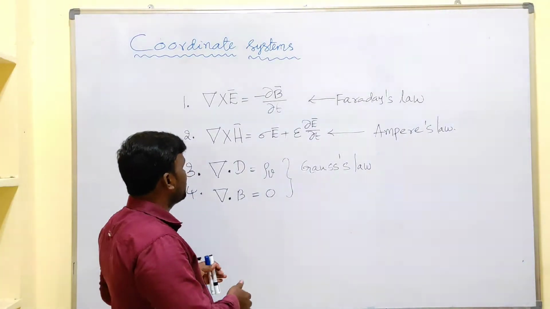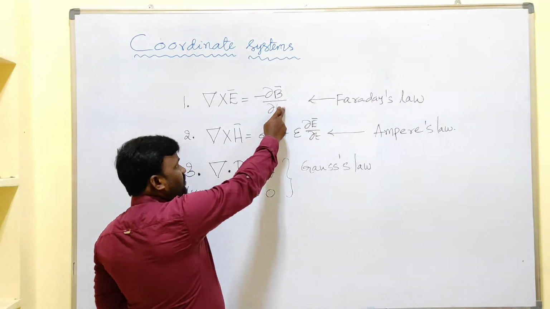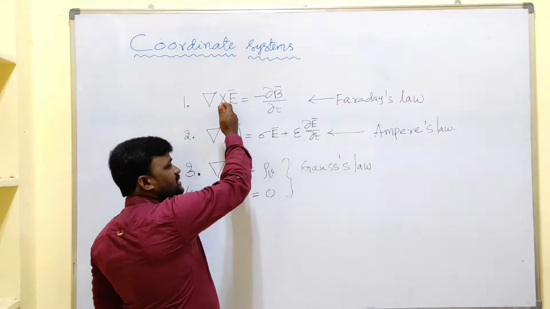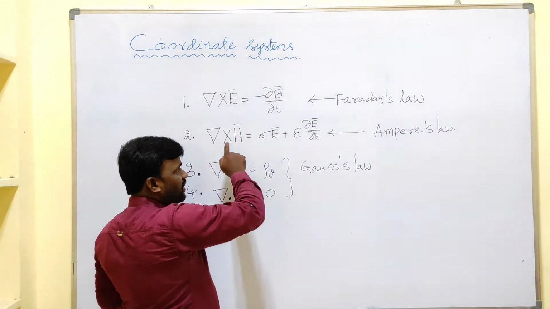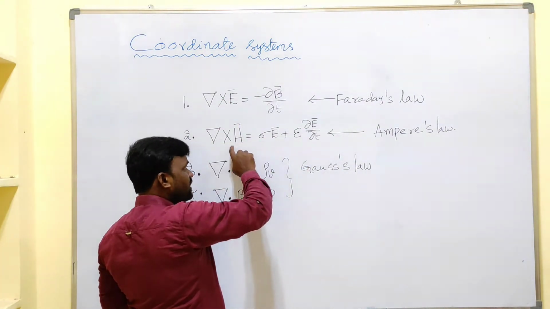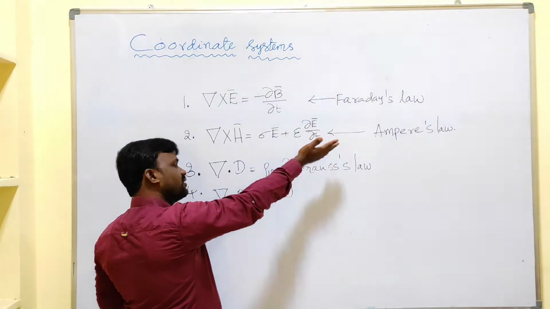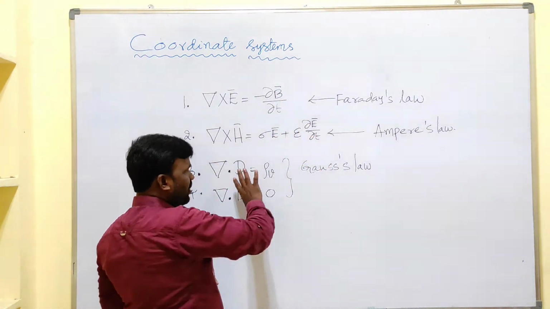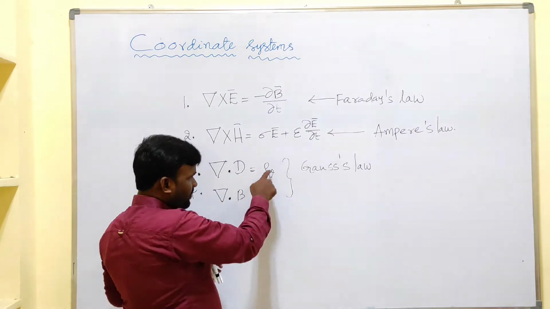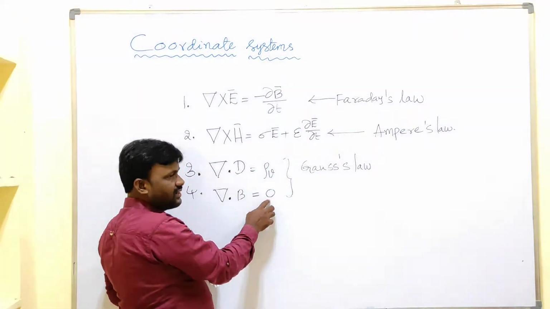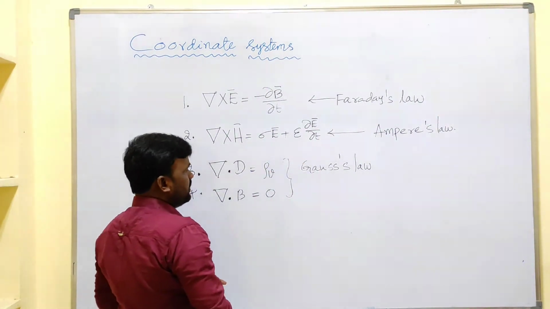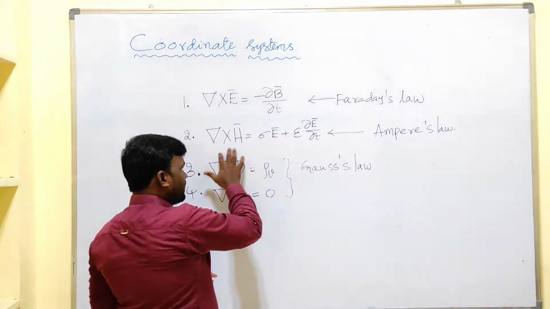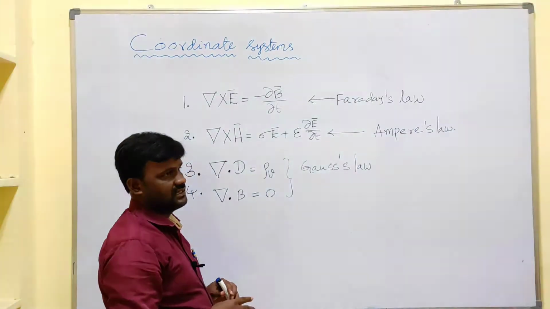That means time varying magnetic field produces space varying electric field, or else this space varying magnetic field produces electric field. That means vice versa. And here, this one is Gauss law for electric field, and this one is Gauss law for magnetic field. By using these laws we can derive these Maxwell's equations.